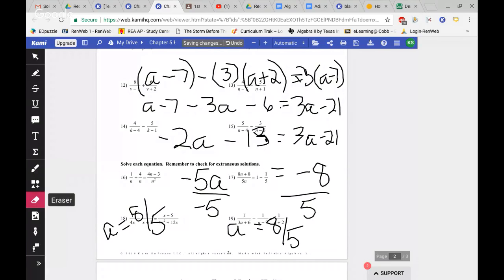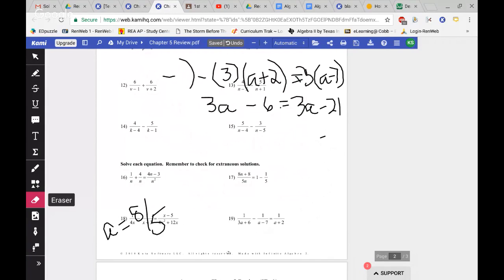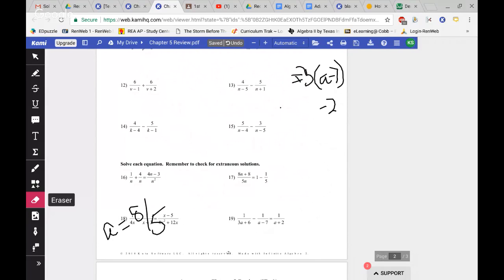You're going to want to plug that 8/5 back into the denominator to ensure that you're not going to get a zero, because that would be an extraneous solution since you can't divide by zero. But in this case, 8/5 works fine in the denominator. It's not going to make any of those denominators zero, so it is in fact an okay solution. That's what extraneous solution means: you don't want that denominator to be a zero.